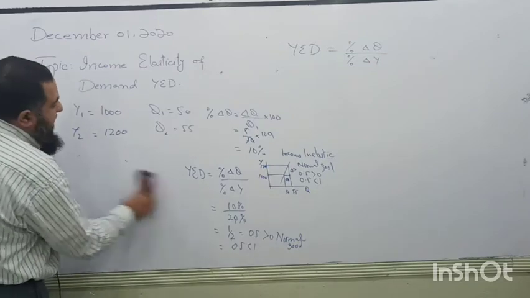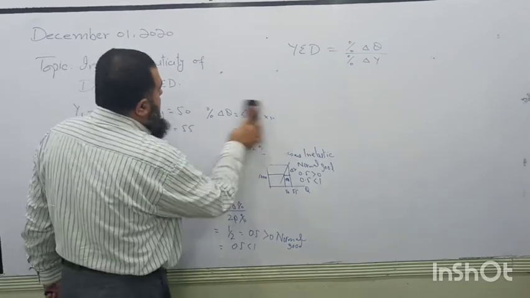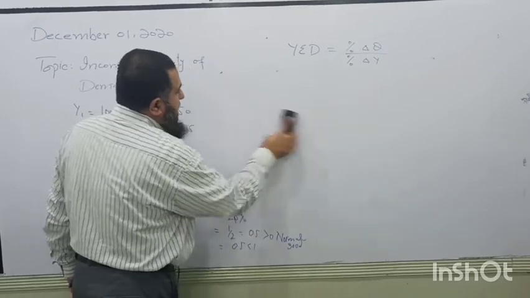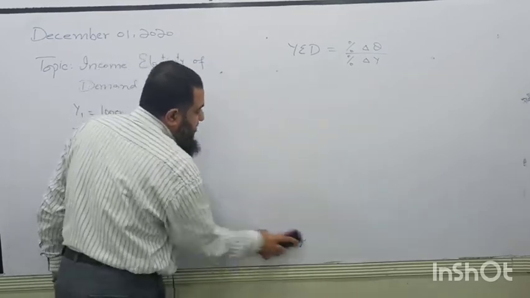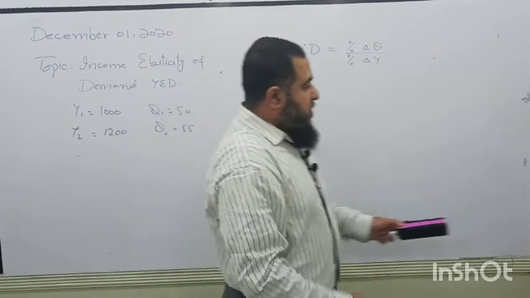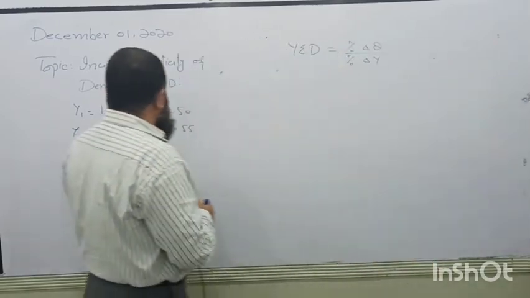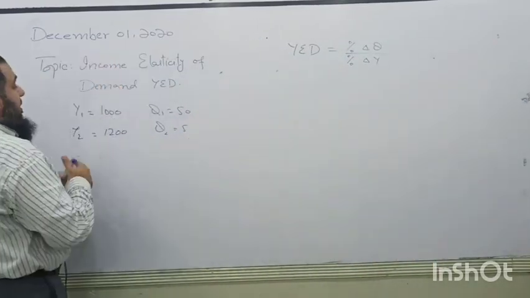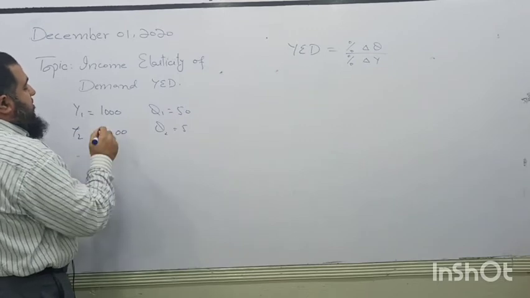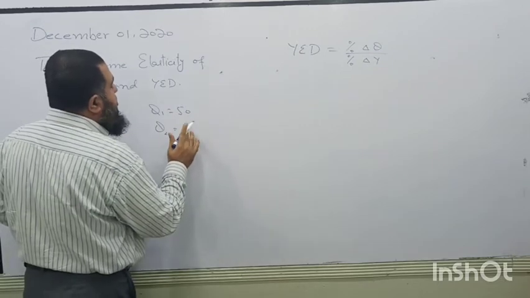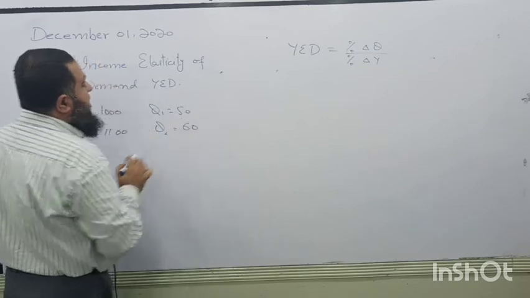Now take another example of a normal good. Income is now increasing by 10%, whereas quantity is now increasing by 20%.